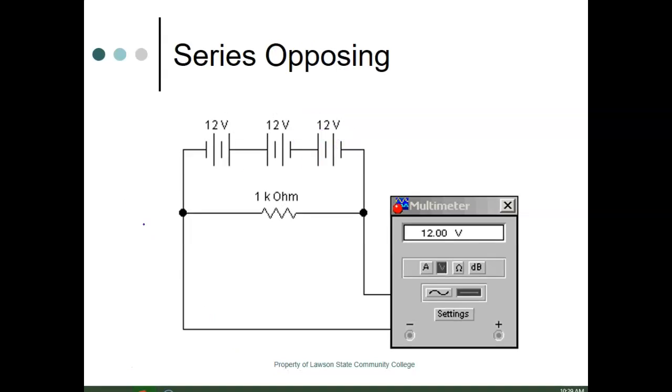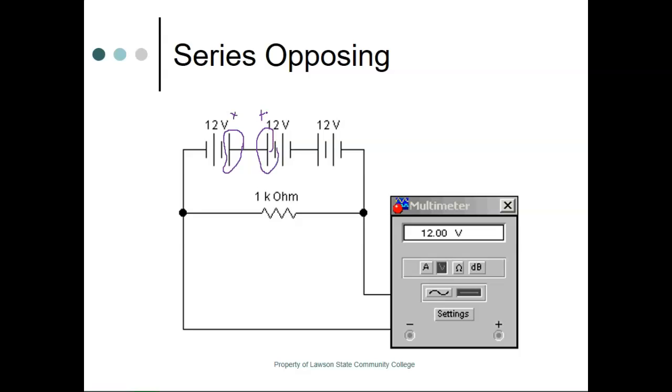Versus this one. This one is what's called series opposing, meaning they're going to subtract from each other. Another series opposing, because that guy right there is a positive, and so is that. So in other words, you put two heads together, or you put two tails together.